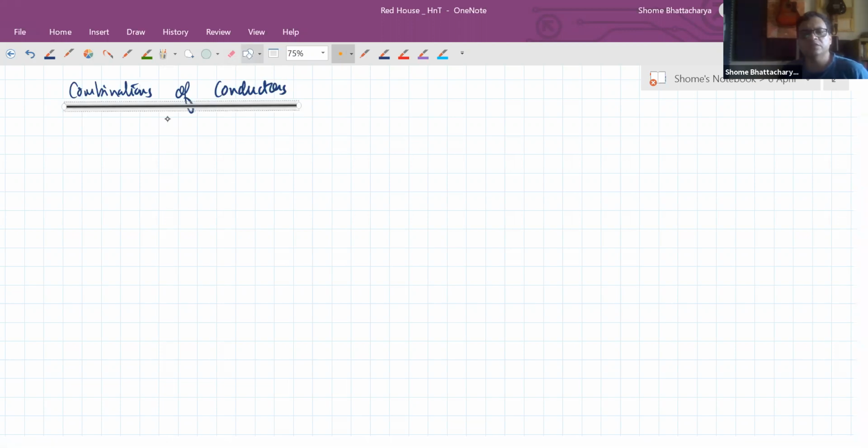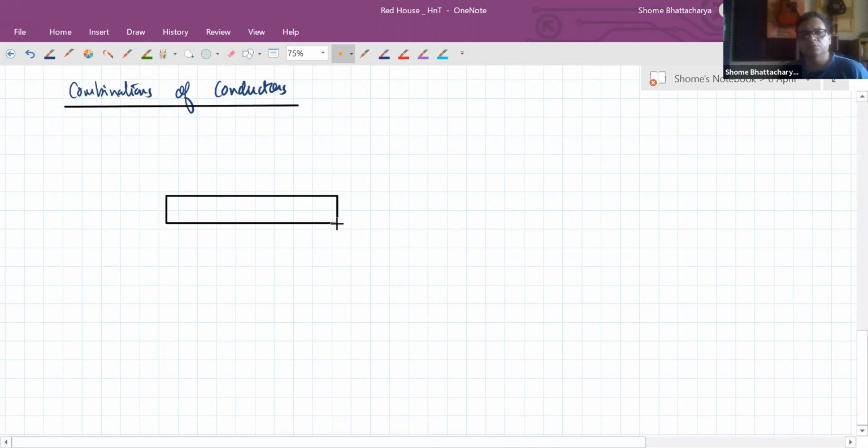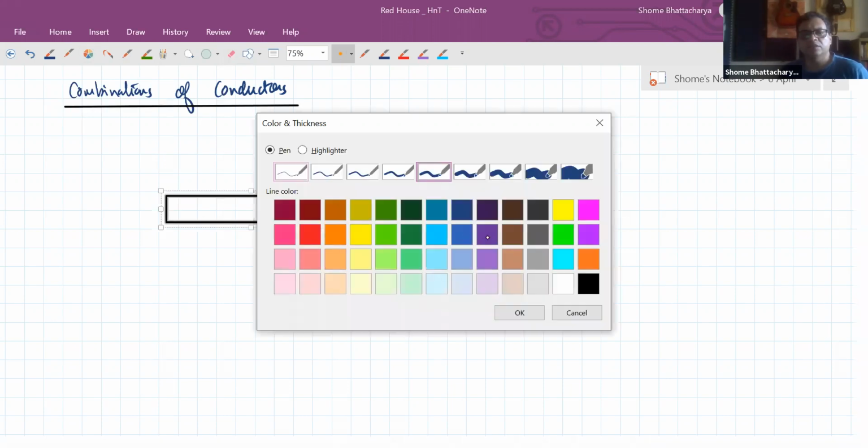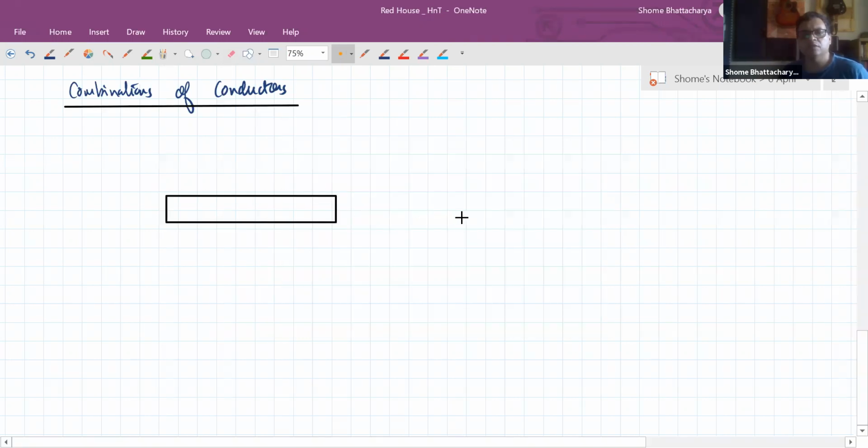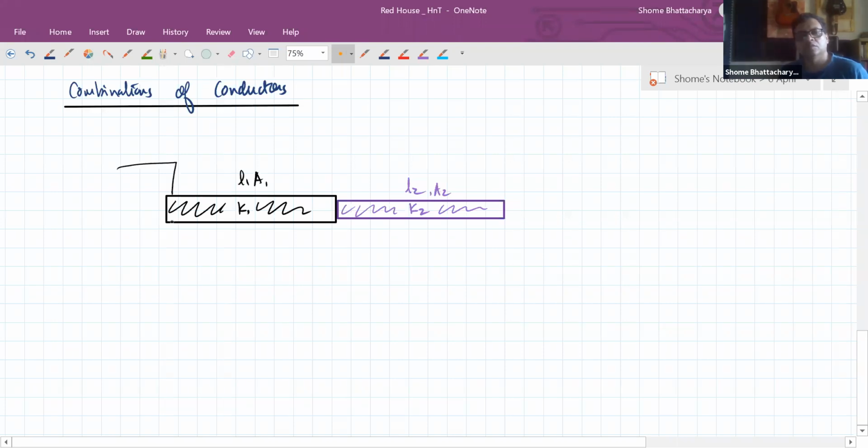For example, the type of question we did in the last lecture. If we pick up something like that, we have, let us say, two heat conductors placed end to end in contact like this. This one has some thermal conductivity K2, length L2, area A2, and it is in contact with another metal having conductivity K1, length L1, area A1. We are maintaining the temperatures at T1 and T2.